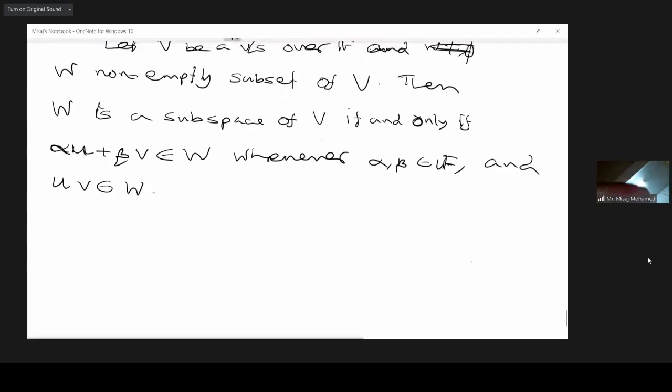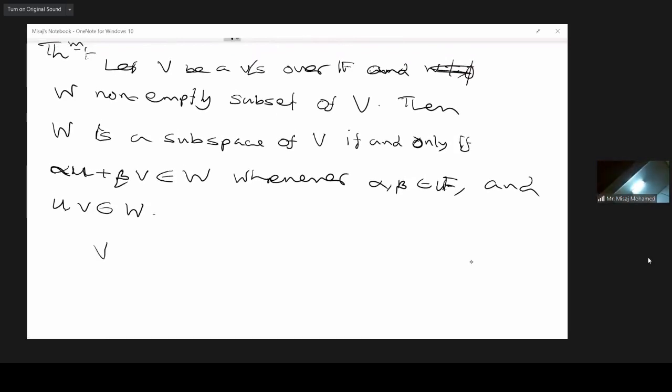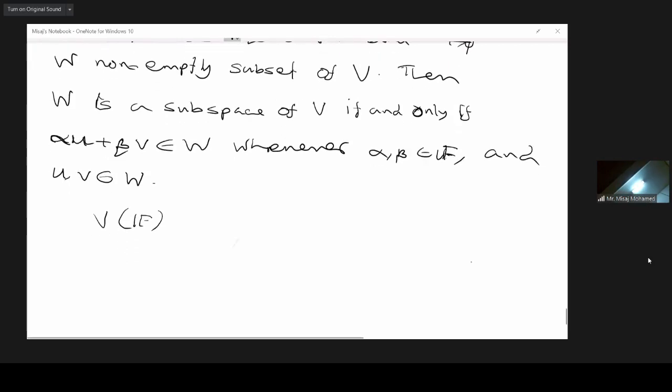Now I will explain this one. V is a vector space over the field F. Okay.